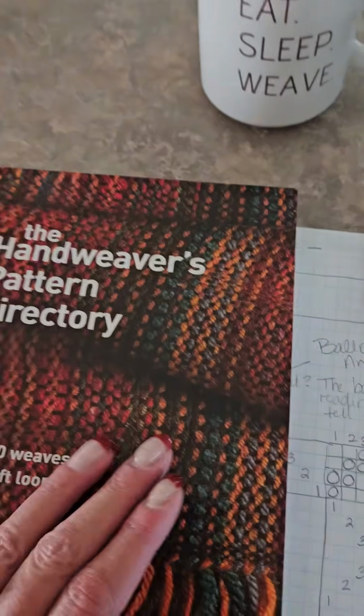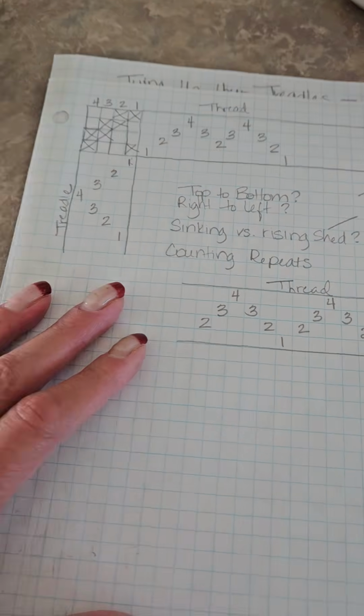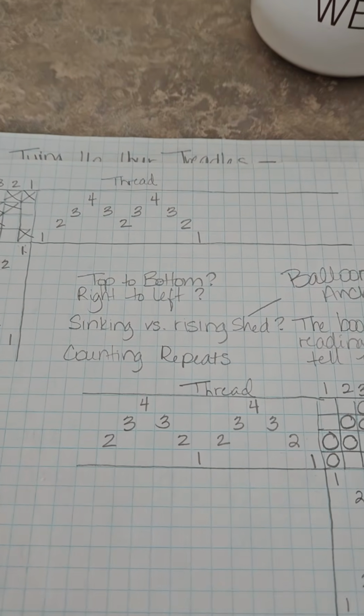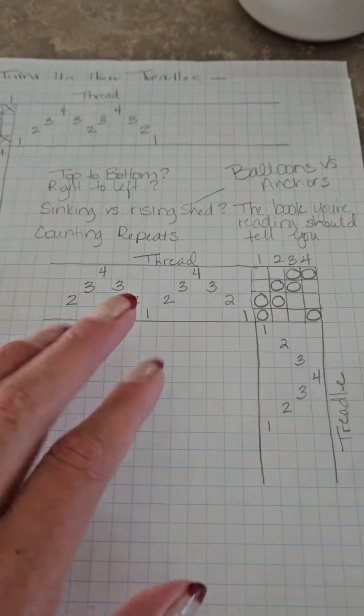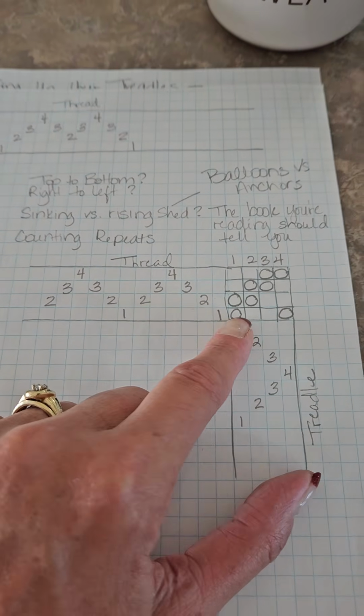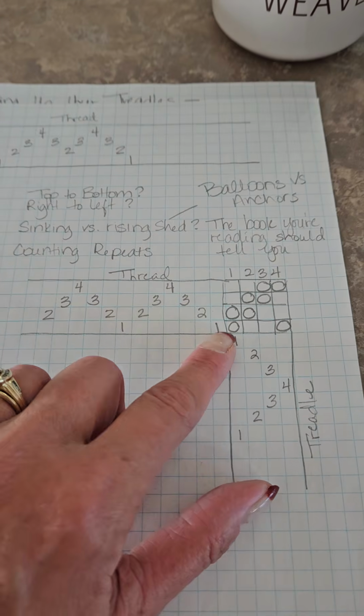So just read the beginning of your books to figure out how a particular book is written. For my patterns, when you download those from my website, you're going to read from the top to the bottom on the treadling and from the right to the left on the threading, okay?